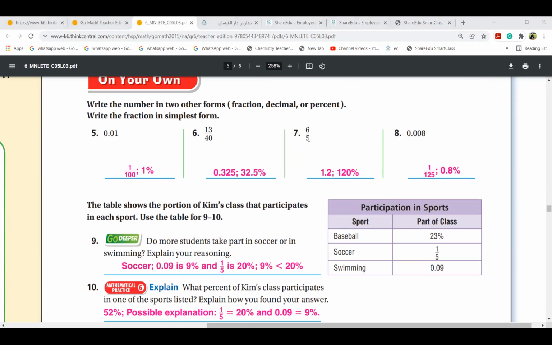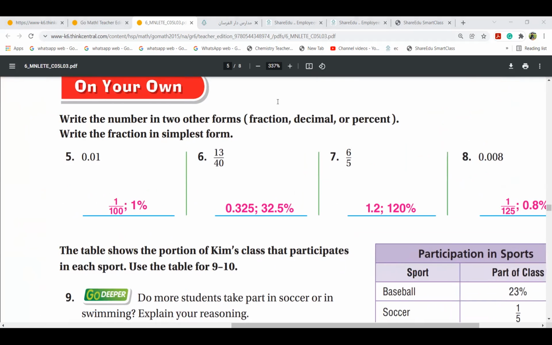What is the rule I told you? When you see a decimal point and you want a percentage, what do you do? You multiply with 100, right? Yeah, multiply with 100. If you want to convert a decimal to a percent, you multiply with 100, and then what happens after that?